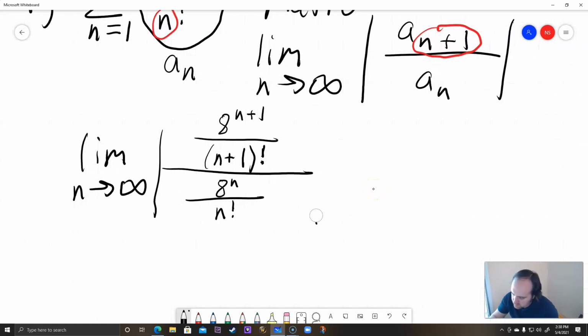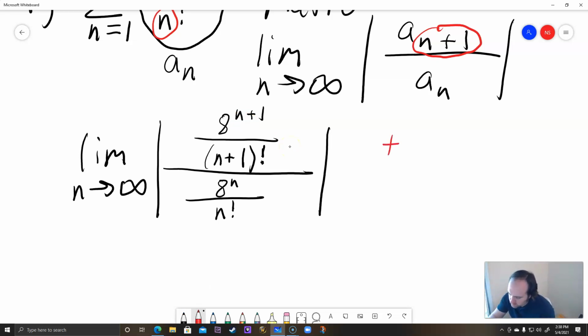Okay, and then for all this, we know that if you write an exponential 8 to the n plus 1, that's actually the same as 8 to the n times 8. Okay?